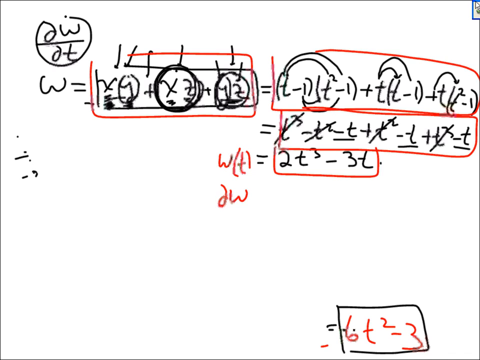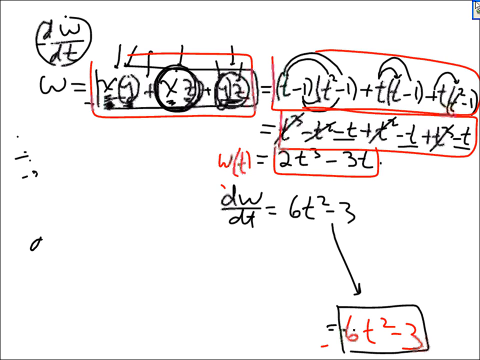Since it's only a function of t, no partials. dw dt is 6t squared minus 3. Same answer I got down there. So you can substitute back. And I guess from the very beginning on all these problems, minor typo, we're finding dw dt.